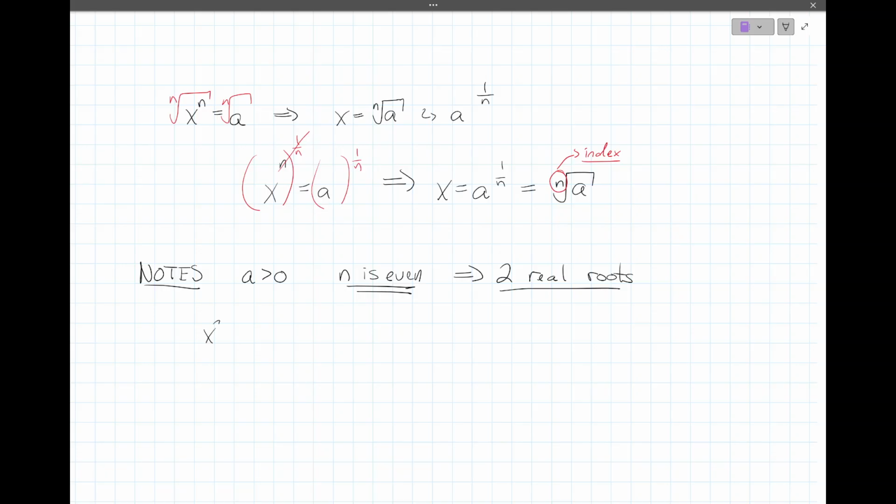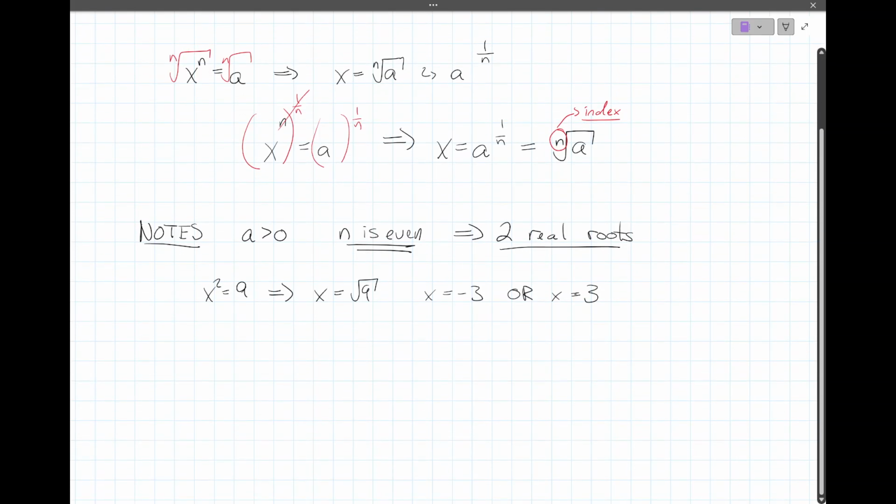If I have x squared equals 9, then if I take the square root of both sides, x is equal to root 9, which means that x is either equal to -3 or x is equal to 3.